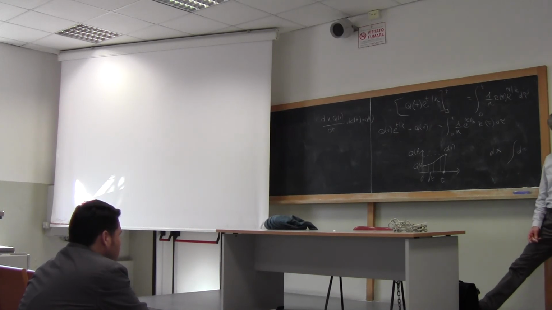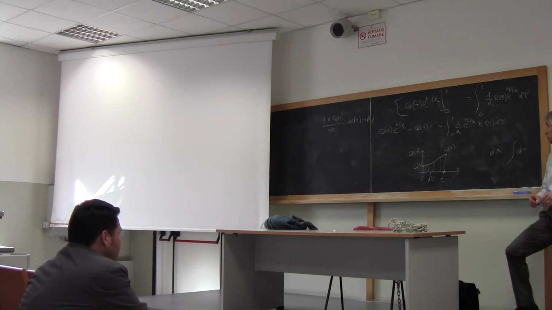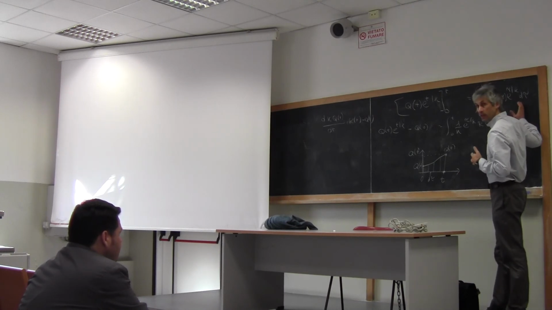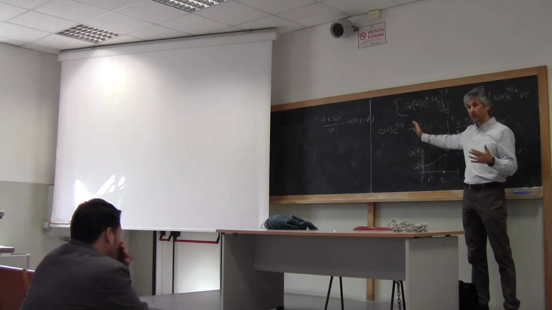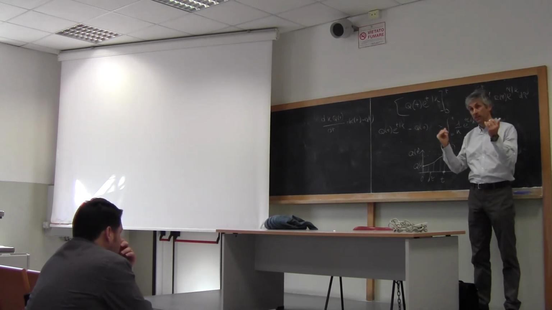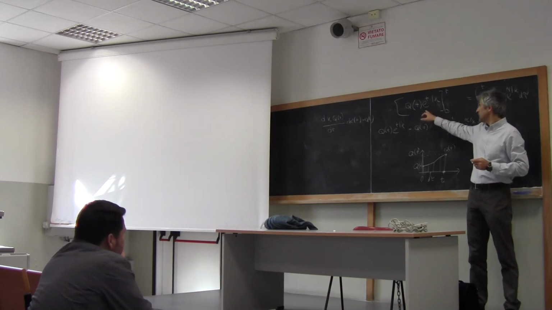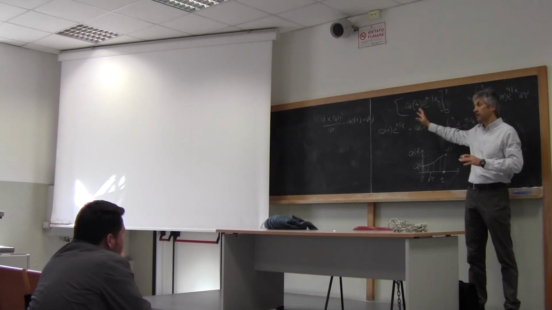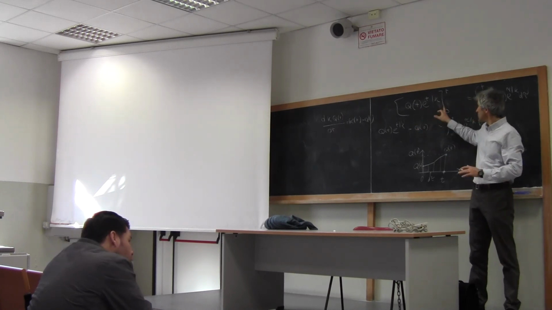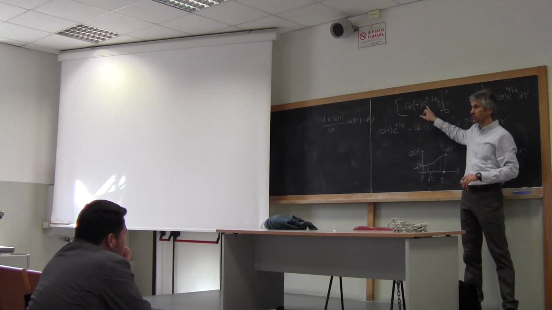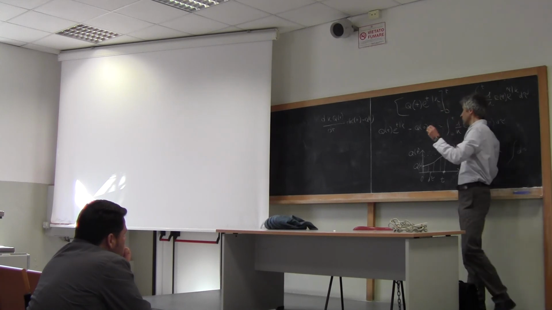I'm sorry, but my question was, we have changed the symbol on the right-hand side, but not on the left-hand side. Yes, of course, because on the right-hand side we are computing an integral. On the left-hand side, we don't need to compute an integral. We just eliminated the derivative. But we use the same symbol. Yeah, you are right anyway. If I keep it this way, it's not clear, and it's not correct to use the same symbol.